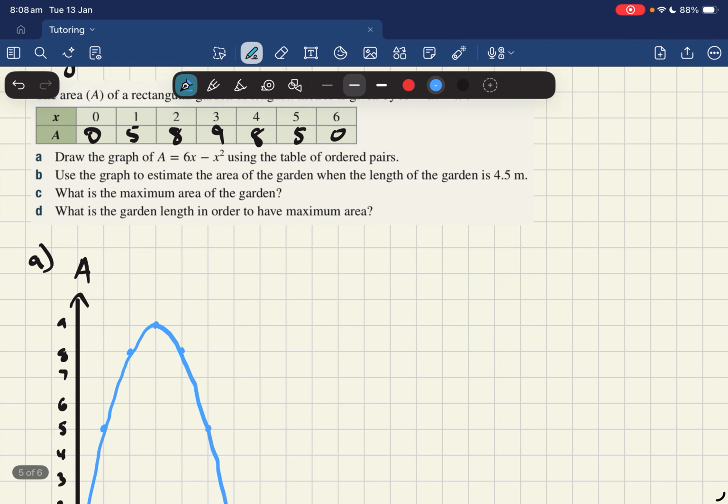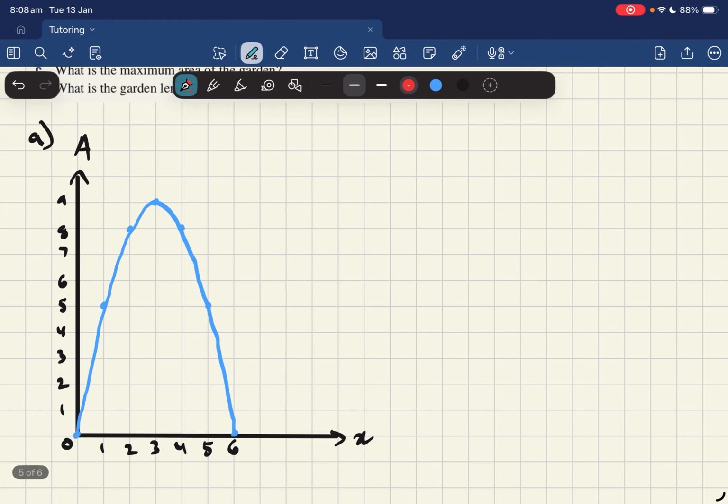The next question is asking us to use the graph to estimate the area of the garden when the length of the garden is 4.5 meters. So we're going to locate 4.5. We're going to draw up until we hit about here.